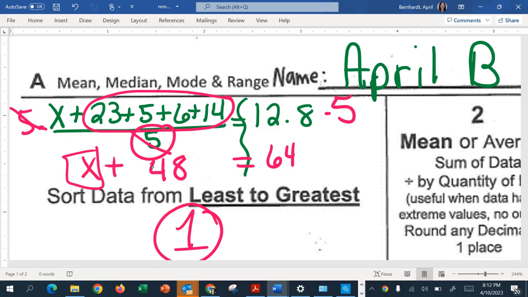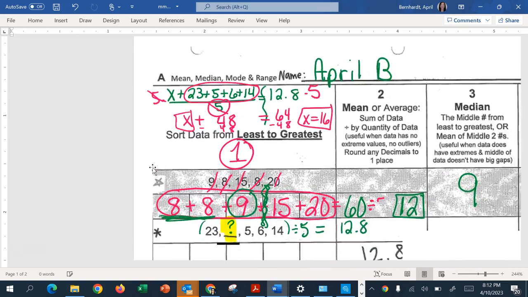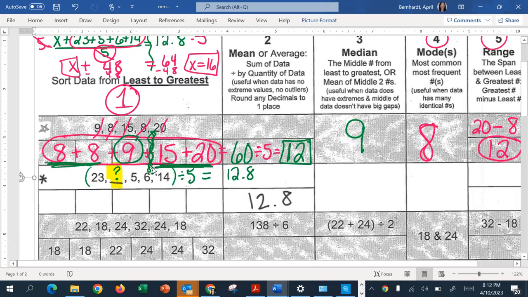You might be able to figure that out in your head, but I'm just going to get rid of the plus 48 with minus 48. So 64 minus 48 gives us that x equals 16. So our unknown data number is 16, which makes sense, since it's within the range of the set.